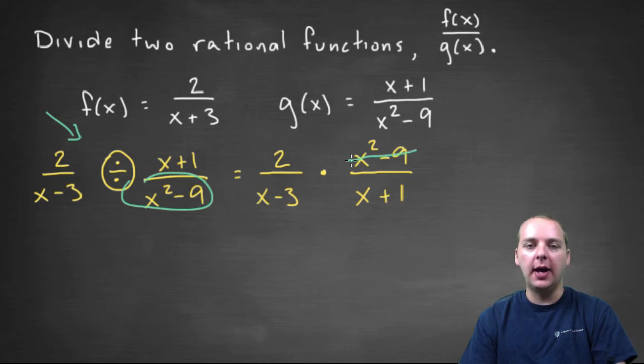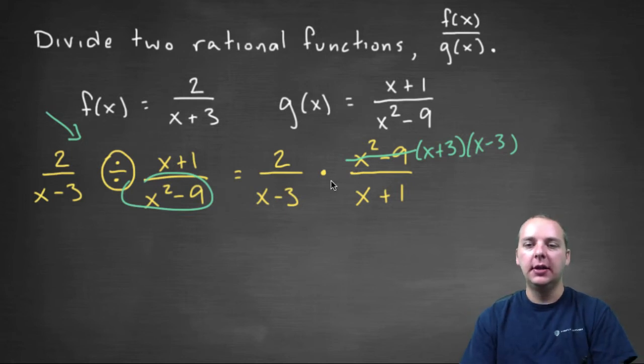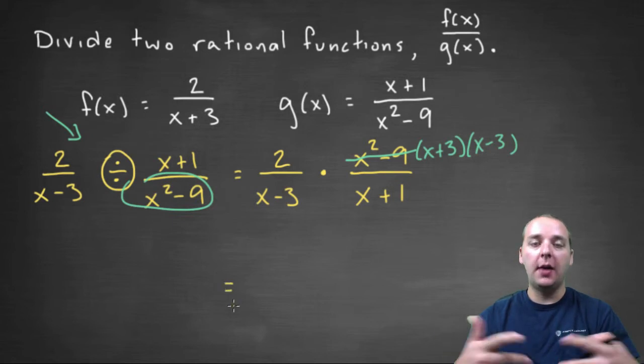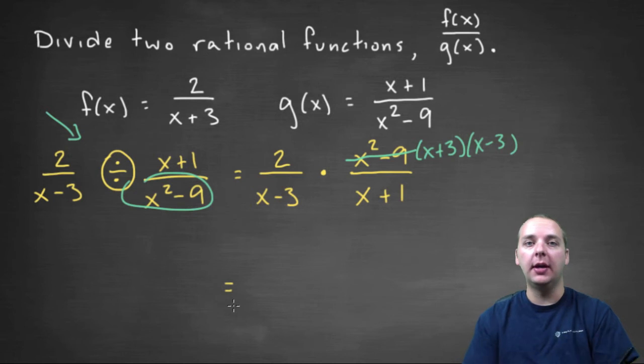I'll just go ahead and do it now. The x squared minus 9 would actually factor as x plus 3 times x minus 3. Okay, and to do this product here of these two rational expressions, I'm simply going to multiply the numerators together and denominators together after I see if there's any common factors that can cancel.